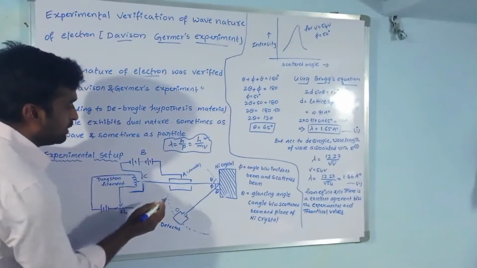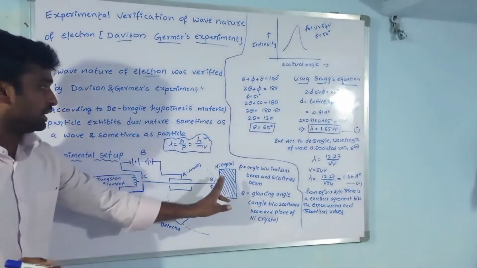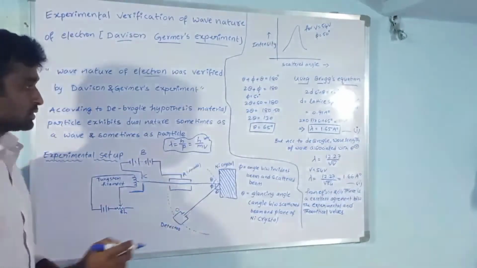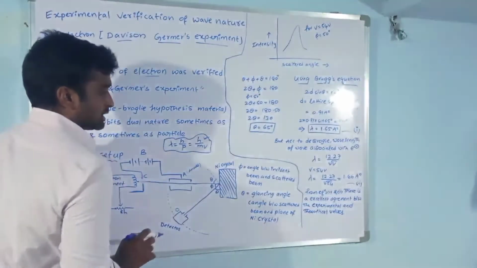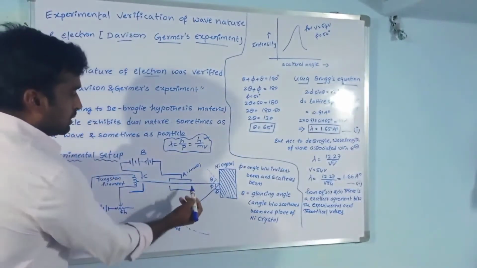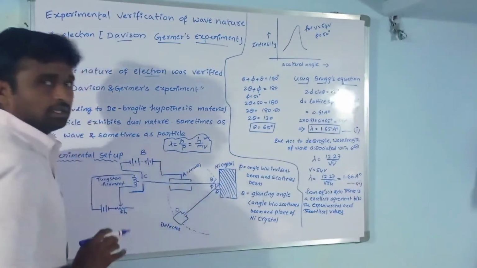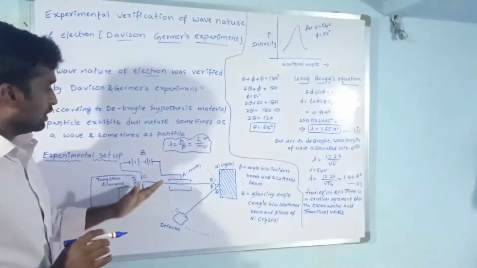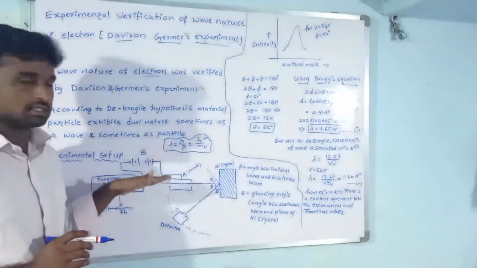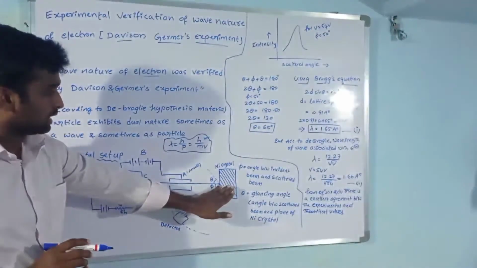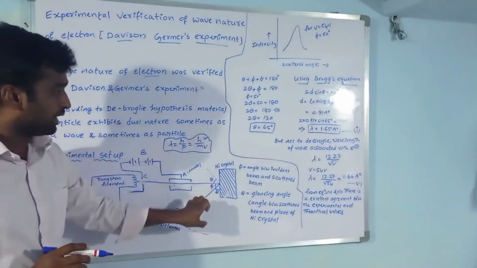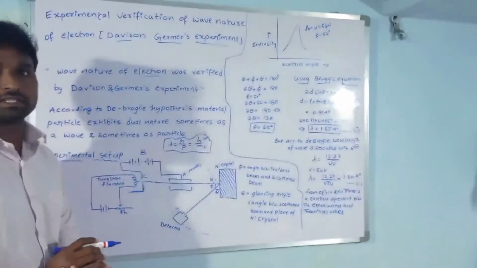This beam is allowed to fall on a nickel crystal. The electron beam is incident on this nickel crystal and is reflected at different angles.